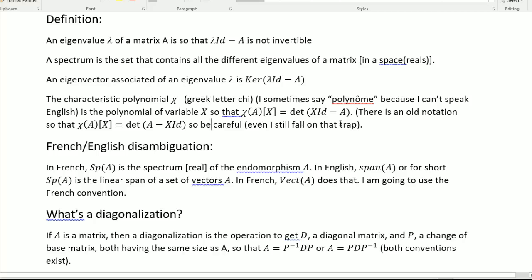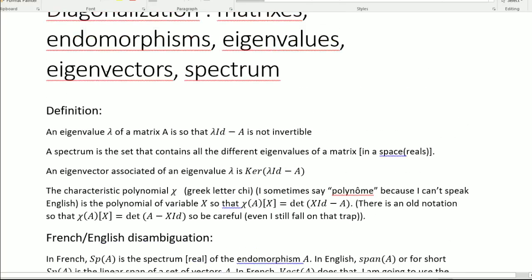So it can happen too, and I still fall on that trap. But whatever, the only difference is a sign, but it doesn't matter to study that.